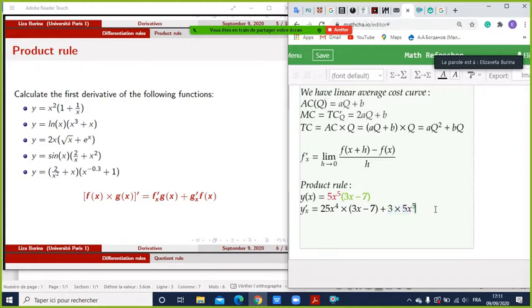We can simplify it, we can work with it a little more, but it does not matter. Just learn how to use the formula.